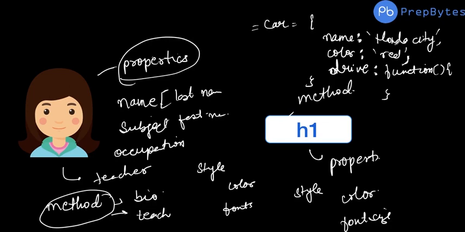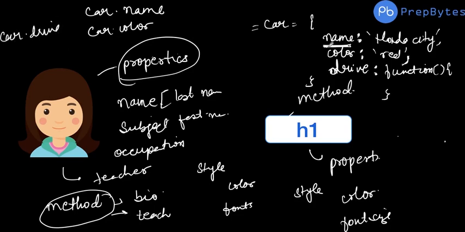For using that, if I have to access the name property of this car, I will do car.name. If I have to access the color property, I'll do car.color. If I have to access the method drive, I'll do car.drive. Now let's say even in name we have, inside this, model and brand.